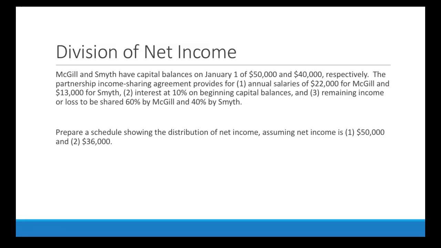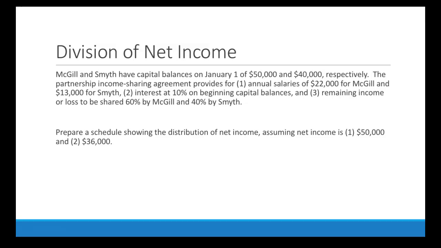So in this example problem, we're told that McGill and Smith have capital balances on January 1st of 50,000 and 40,000 respectively. The partnership income sharing agreement provides for annual salaries of $22,000 for McGill and $13,000 for Smith, interest at 10% on beginning capital balances, and remaining income or loss to be shared 60% by McGill and 40% by Smith.